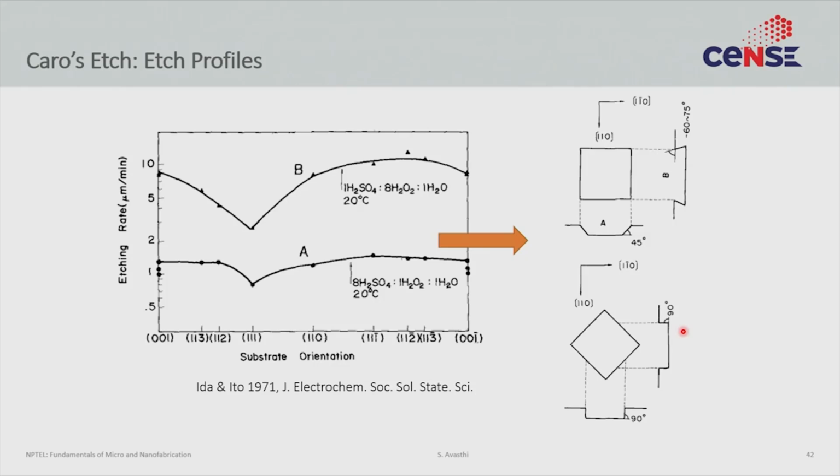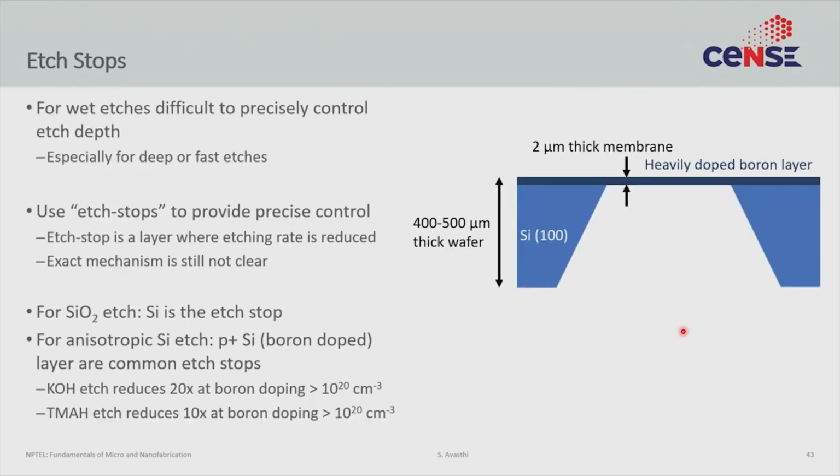So let's keep going. The next concept I want to introduce is this concept of an etch stop. What an etch stop is, supposing you were to etch silicon using an etchant. So let's take you are taking silicon 100 and you are etching it with TMAH, and we know that TMAH or KOH is an anisotropic etch. So when you etch silicon, it will etch at this 56-degree slope, and you would keep etching.